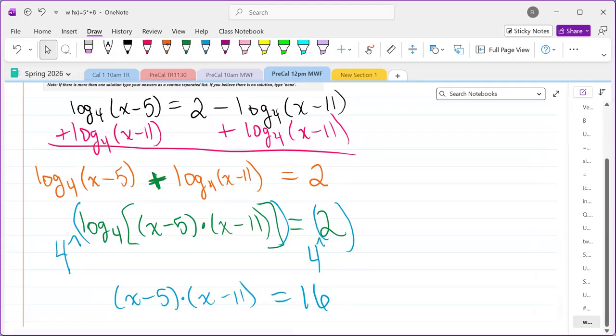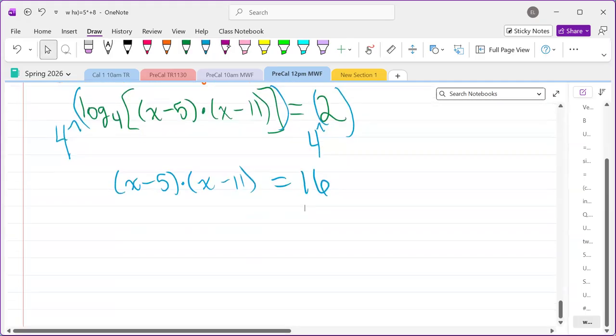So I moved my logs to the same side. I used my log properties to get one single logarithm. Then I canceled out the logarithm by using the exponential. Now I have a quadratic equation. To solve a quadratic equation, I need that equation to equal 0. Right now it's equal to 16.